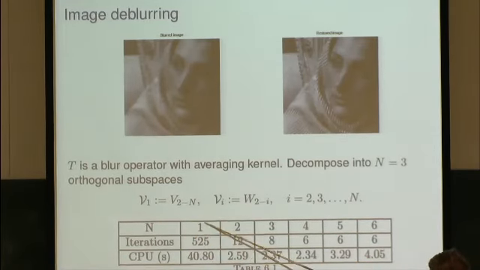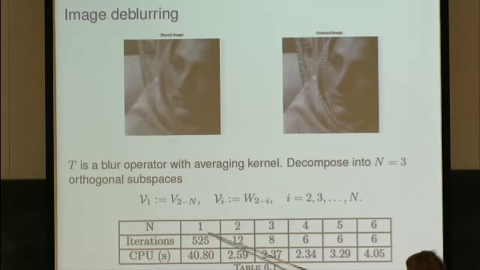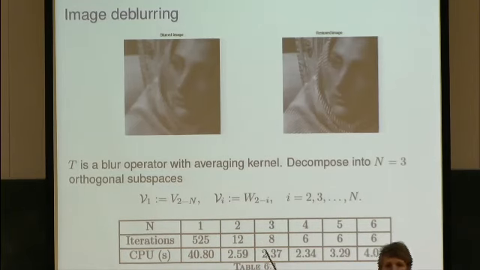N is 1, you just deblur the image on L2 of omega. You must wait for 525 iterations until we reach a certain accuracy. Okay, we always stop if the functional J has a certain value. And the seconds we have to wait is 40 CPU seconds.